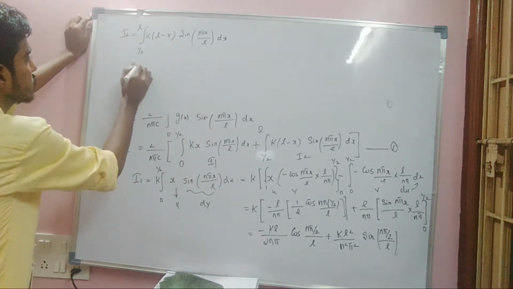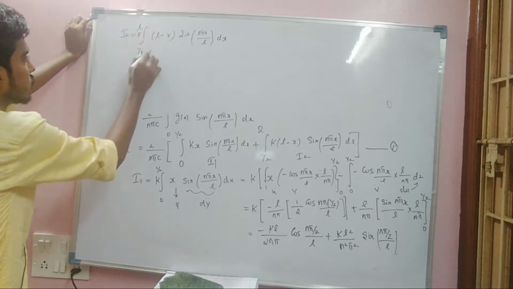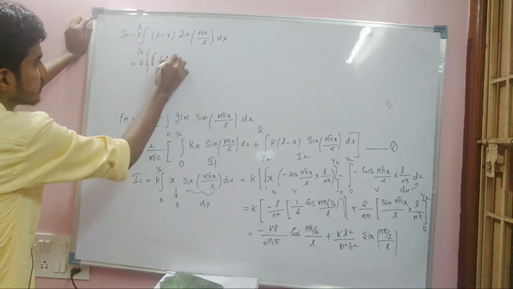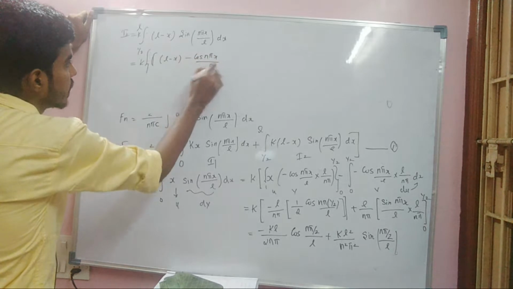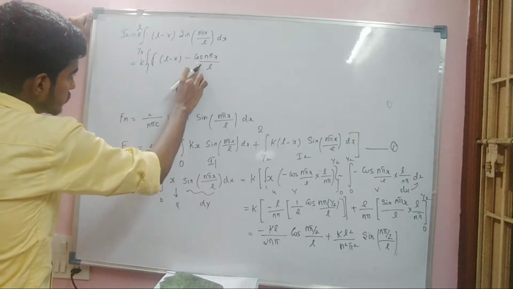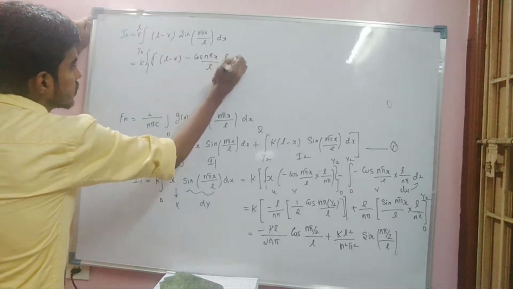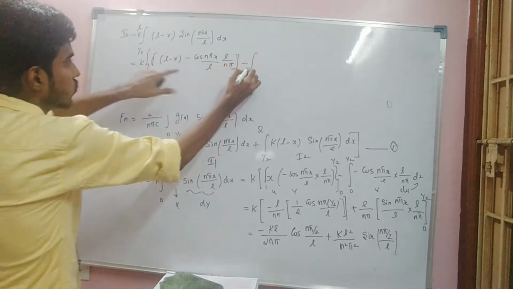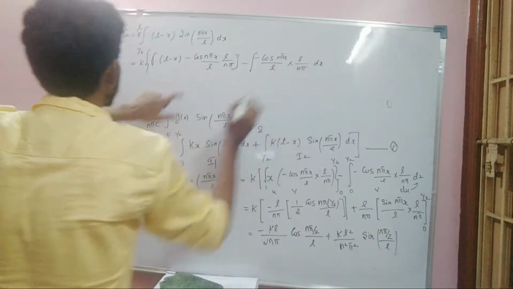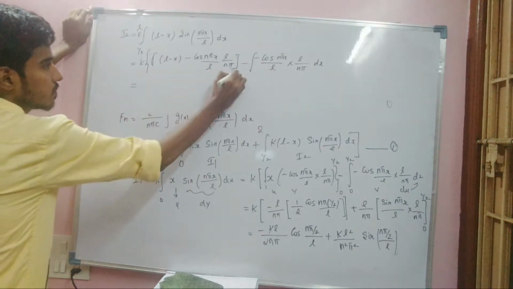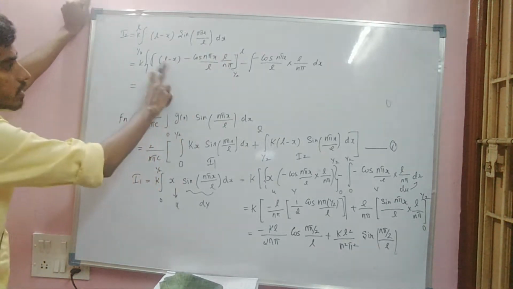If I do this, we will have uv. We take k outside, so u is L − x, and v is the integration of sin, which is minus cos(nπx/L) times L by nπ, minus the integral of v du. So v du is minus cos(nπx/L) times L by nπ times dx, with the limit from 1/2 to L. Now if I substitute the upper limit, this will be 0 because L minus L is 0.